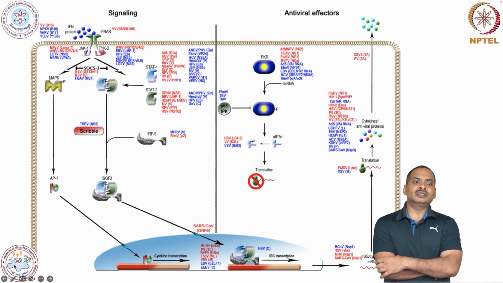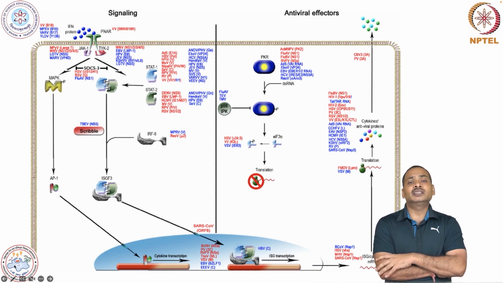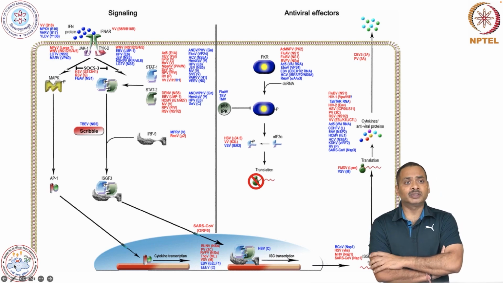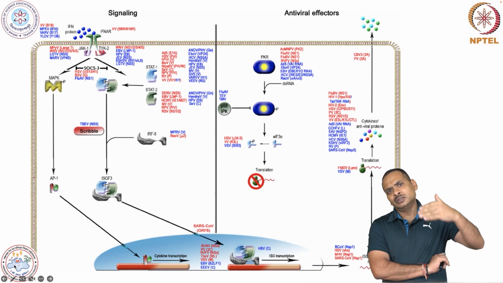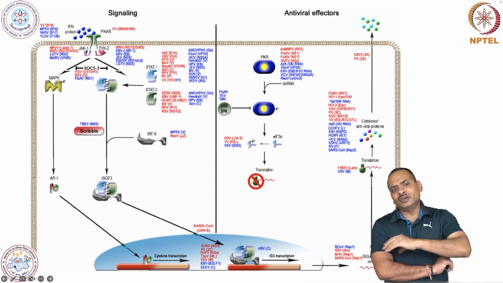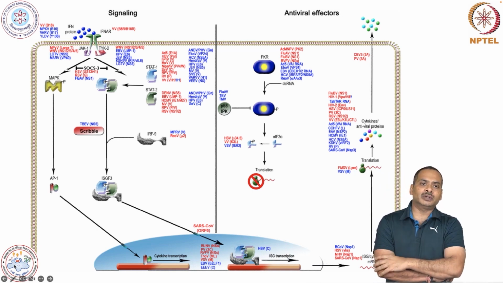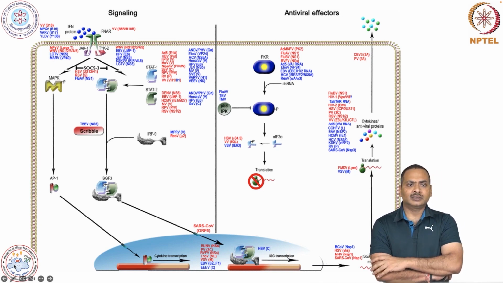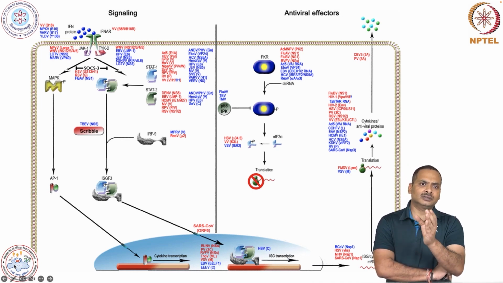Here you can see the JAK-STAT pathway and the interferon receptor. After binding with type 1 interferon, this receptor produces more type 1 interferon. The receptor itself is targeted by some viral factors, like a protein derived from vaccinia virus.